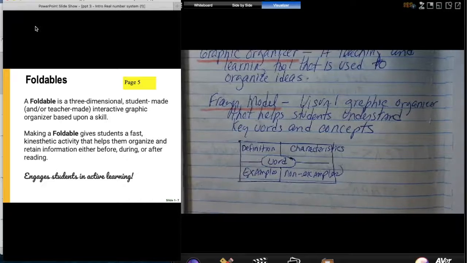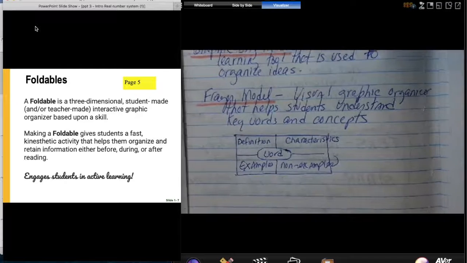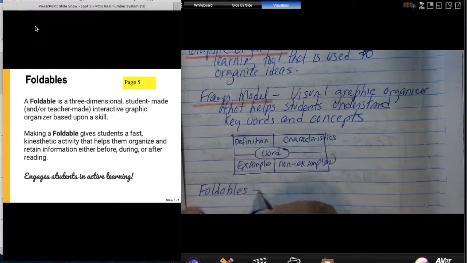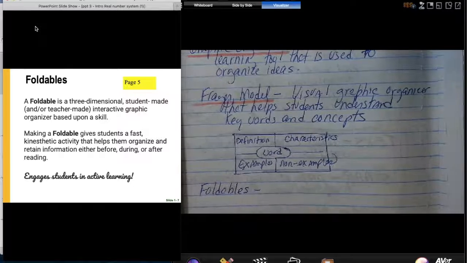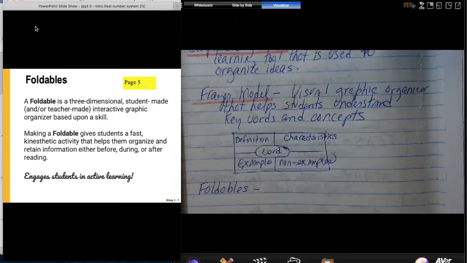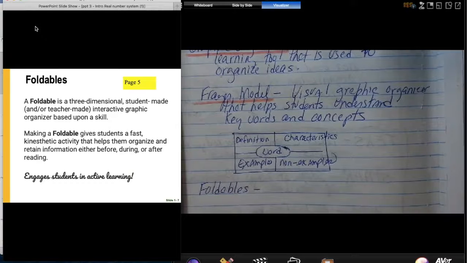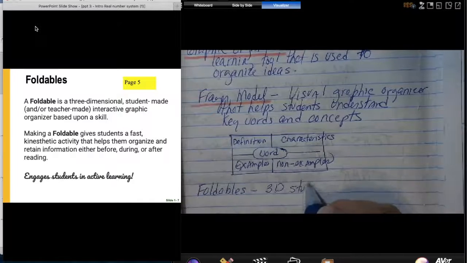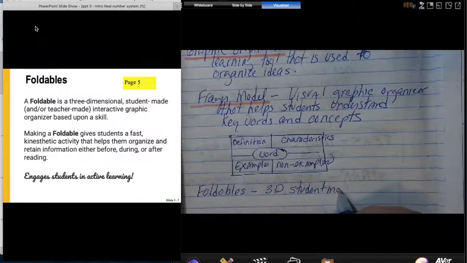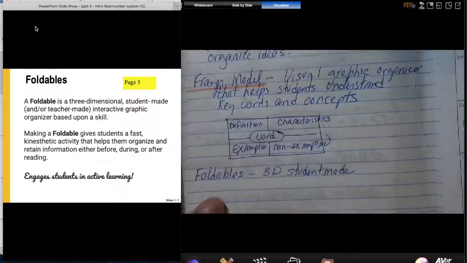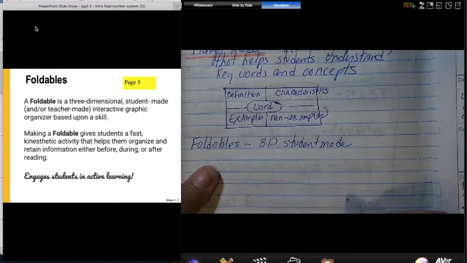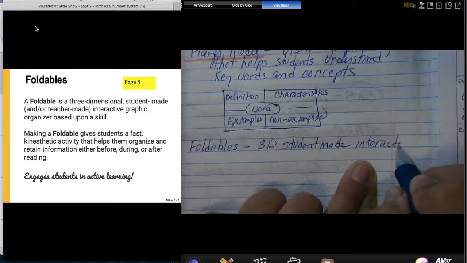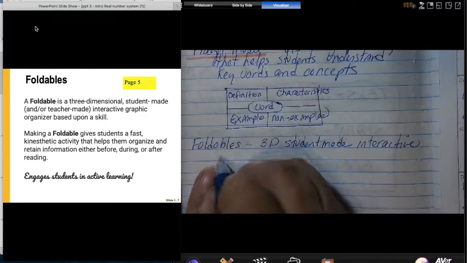The next vocabulary term on page 5 is a foldable. Now, a foldable is a 3D student-made or teacher-made interactive graphic organizer based on a skill. So I'm putting a 3D student-made, with the help of the teacher, of course, interactive graphic organizer.